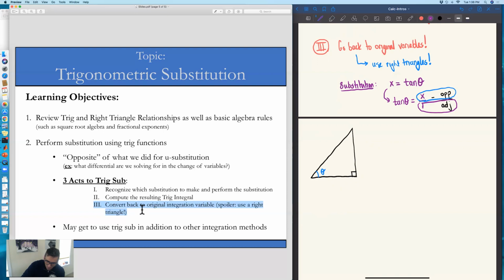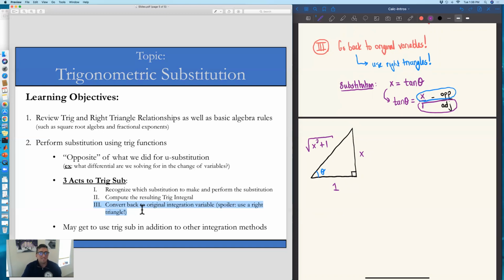So we had that x was the opposite side and the adjacent side was 1, because we know that tangent is just equal to x over 1 or opposite over adjacent. And then through the Pythagorean theorem, we know that the resulting side must be opposite squared plus adjacent squared, or x squared plus 1 squared, or the square root of x squared plus 1.